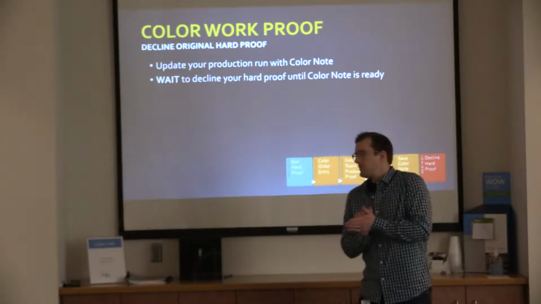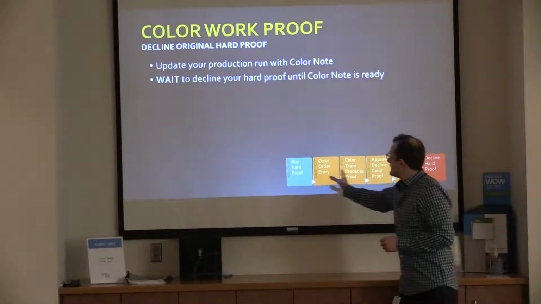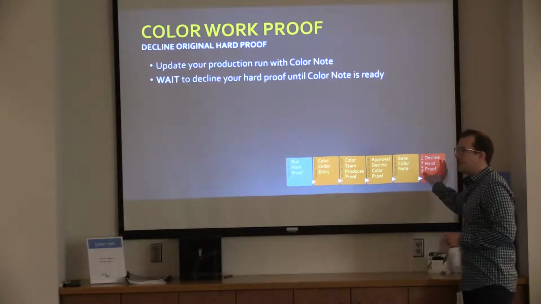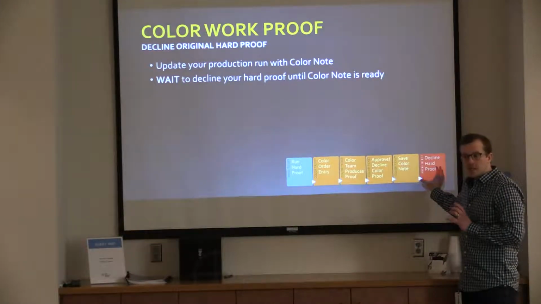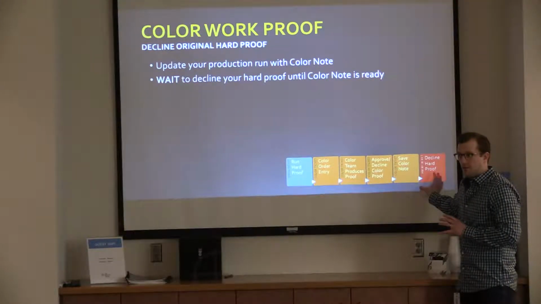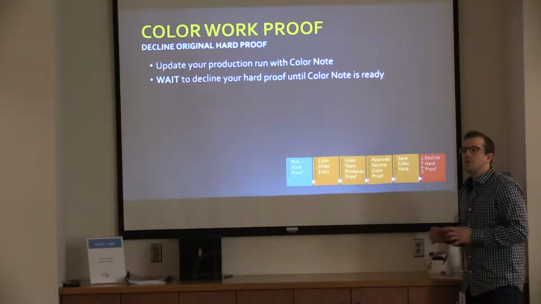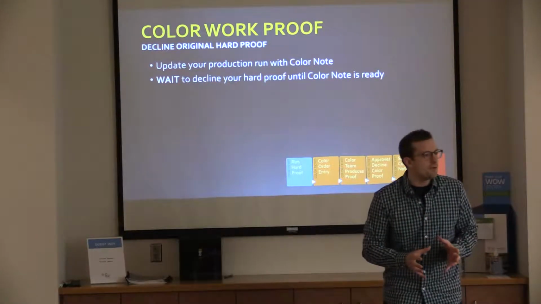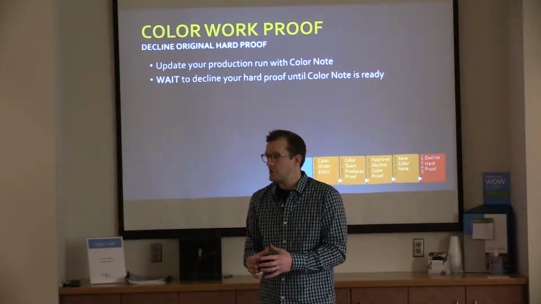But it's really important to note, this is super important, that while all of this is happening, you haven't actually gone into the hard proof approval queue and clicked the decline button. Because it is a decline proof that needs to rerun. But don't decline it until you have all of your information gathered and your information updated on that job.